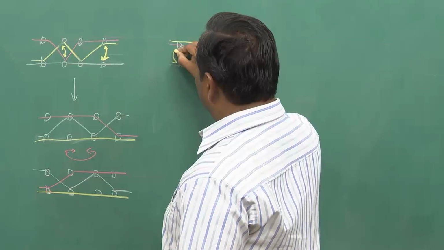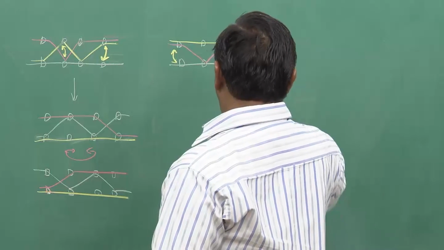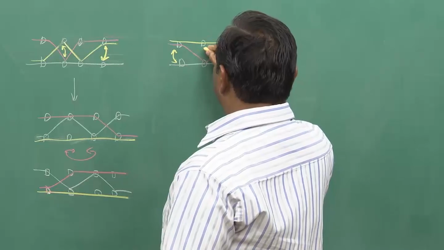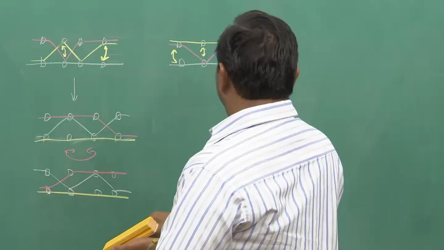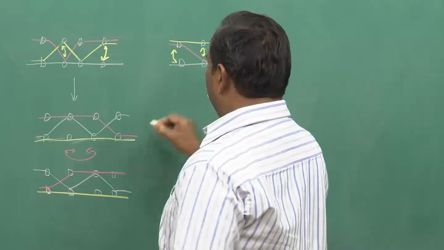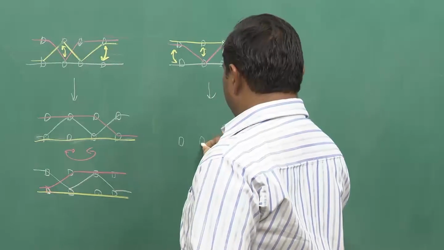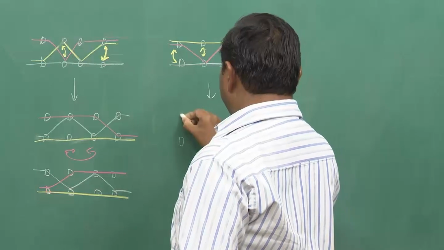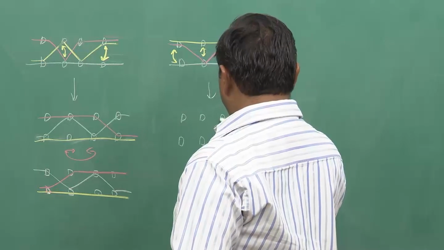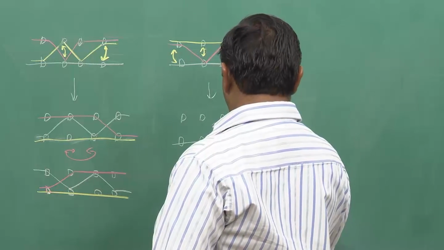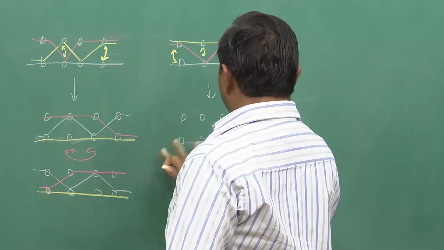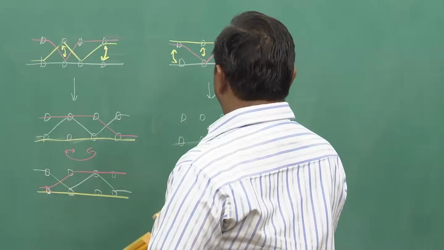So, I will do the swap, this one as a swap. So, I have to make yellow a straight line. So, I will make the yellow a straight line.